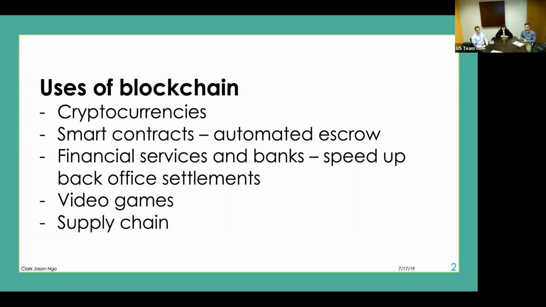Video games, there's this famous cryptocurrency called CryptoKitties. Yeah, it's basically, I've never tried it, but you just save cute cats as digital assets. Supply chain, a lot of people have been using it.